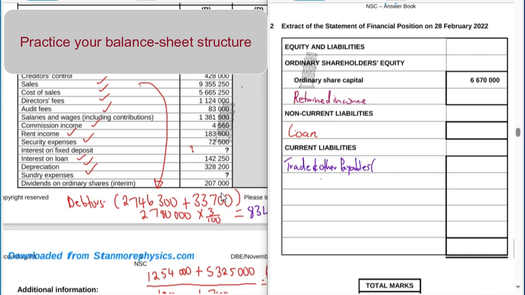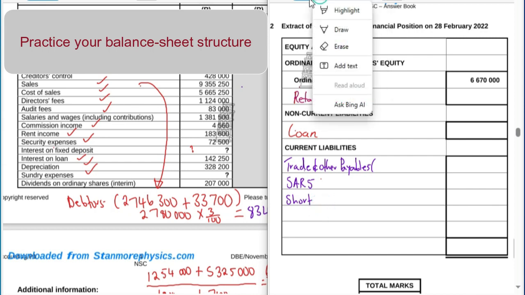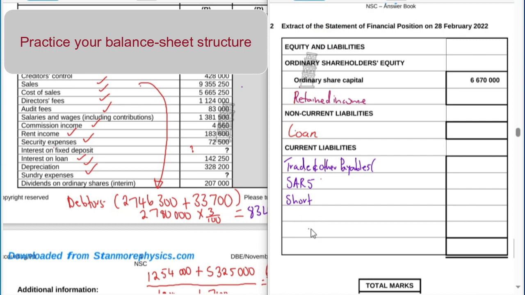And then we are also going to have SARS, and also if ever there were payments of loan, we are going to have what? Short-term portion of loan, or current portion of loan.